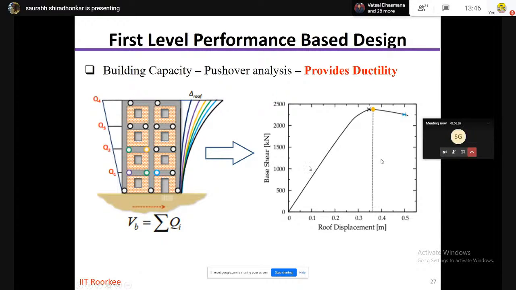Now what happens is, if your structure is linear, it has this initial slope, the slope of this line, which is the stiffness of the building, and your time period is actually related to this initial slope of this line. However, as the structure gets damaged, this secant stiffness reduces, and as your stiffness reduces, your frequency reduces, and your time period increases.